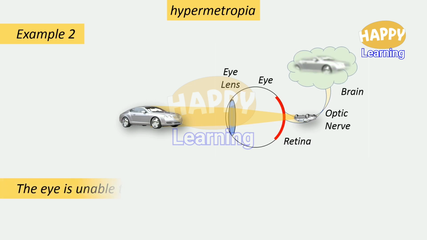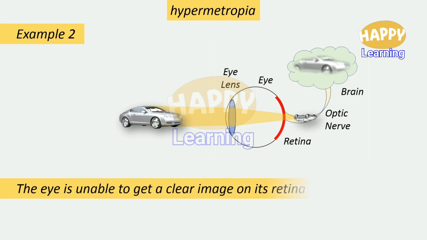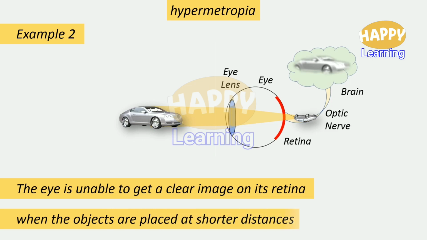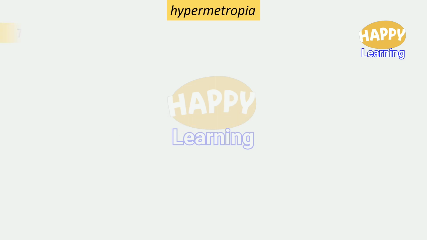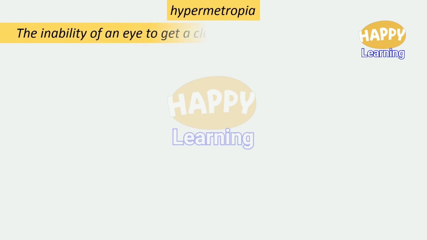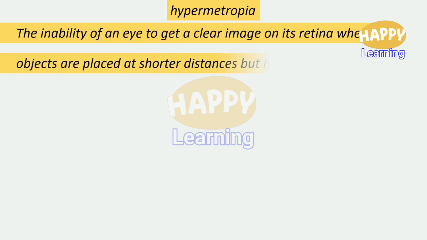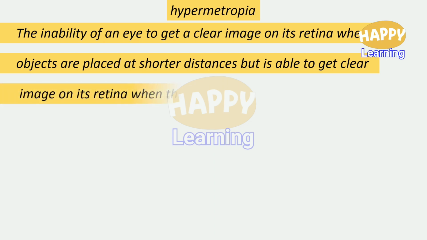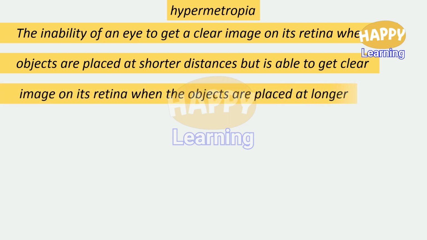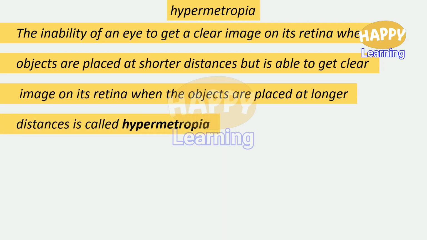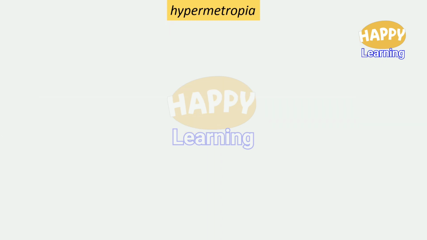The eye is unable to get a clear image on its retina when the objects are placed at shorter distances. The inability of an eye to get a clear image on its retina when the objects are placed at shorter distances, but is able to get a clear image on its retina when the objects are placed at longer distances, is called hypermetropia.